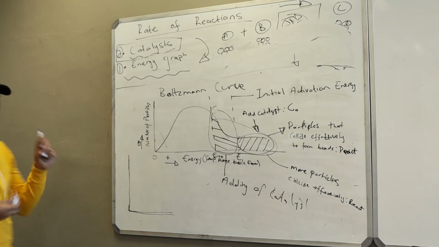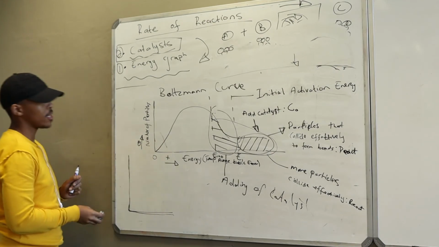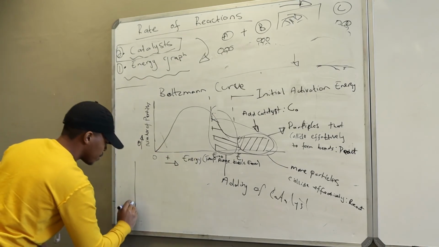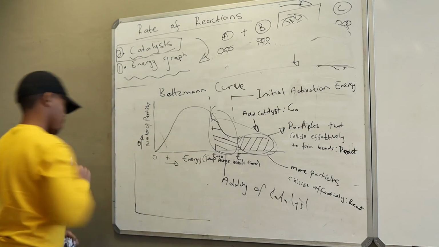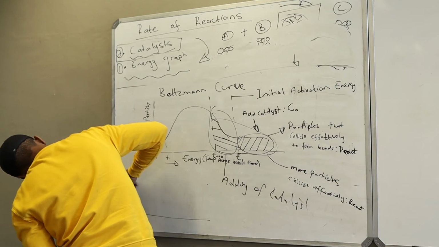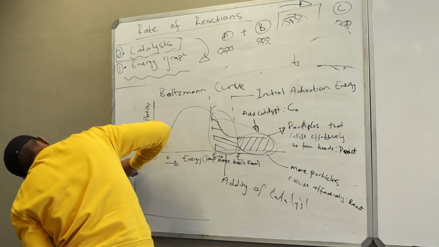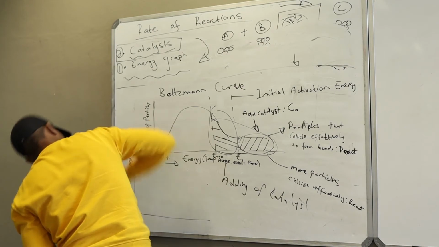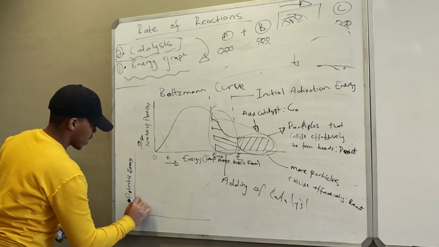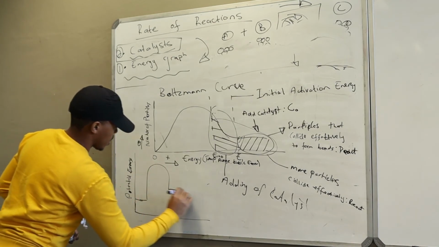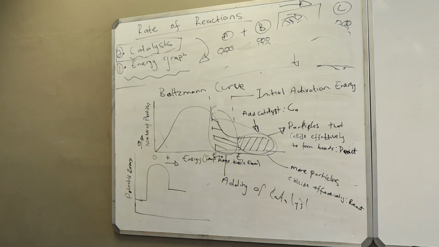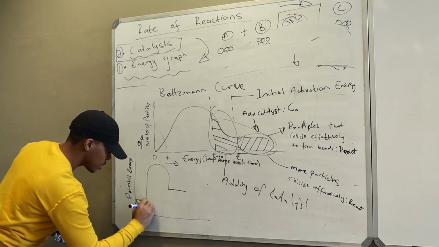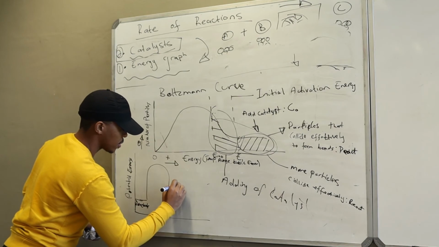Now quickly, let's do a final graph, which I call the potential energy graph, which is this one, or you can call it the enthalpy graph or curve. Okay, right, here we have potential energy, okay, goes like that, goes like that. Okay, now here we have reactants, we have products.